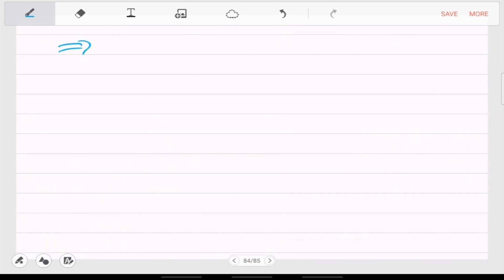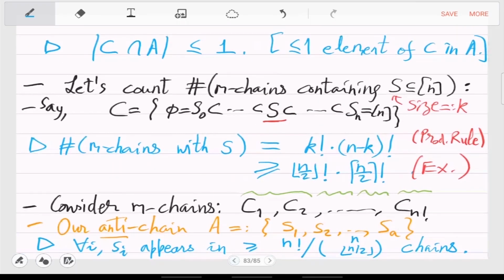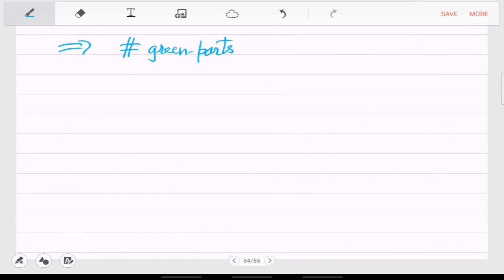Since you have a lower bound on each green part size, you get an upper bound on how many parts there will be, right? The opposite. So the number of green parts has to be less than or equal to the total number of chains divided by this expression.